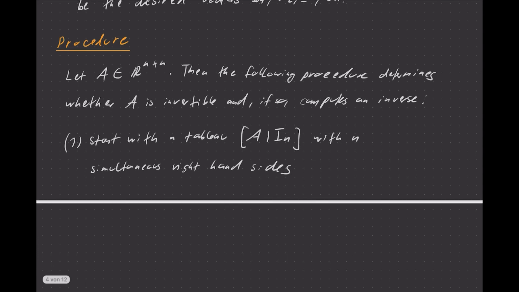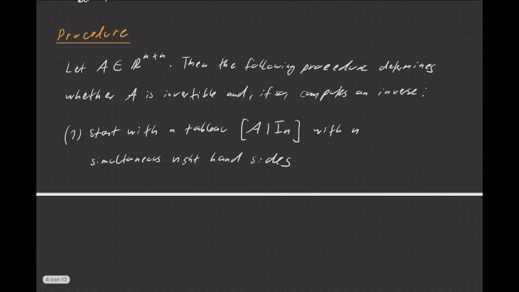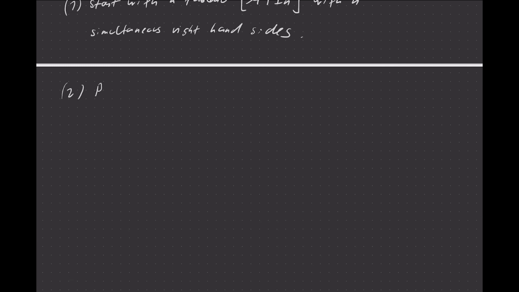Then what we do is we perform row operations, we perform Gaussian elimination to obtain a tableau, let's say first in echelon form.